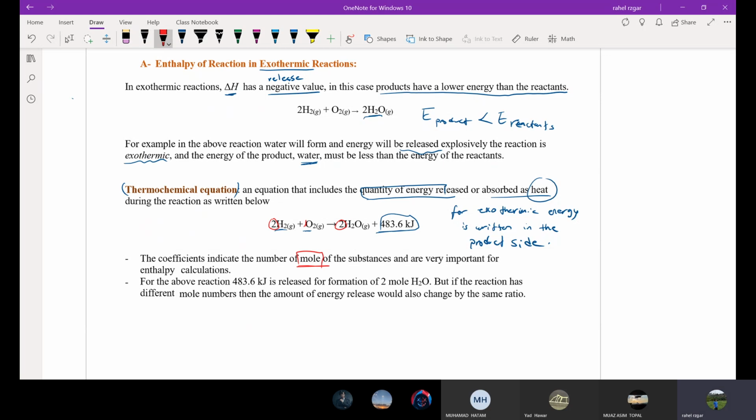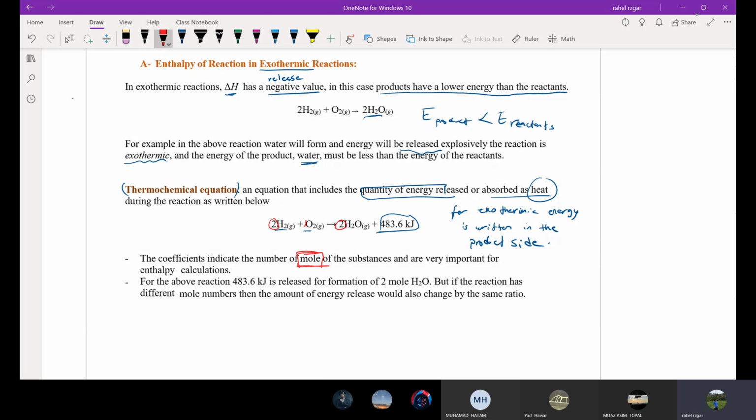In some other places they indicate volume. If you remember in 11th grade, in the beginning of chapter 5 maybe, these coefficients could indicate volume, mole, or molecule. But in here, it's only mole, only amount.